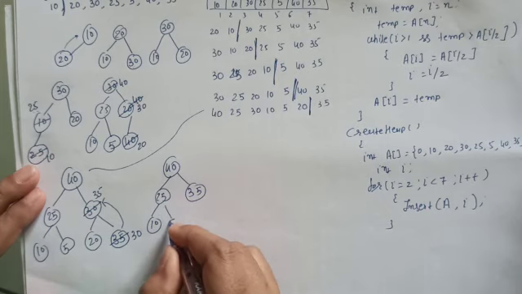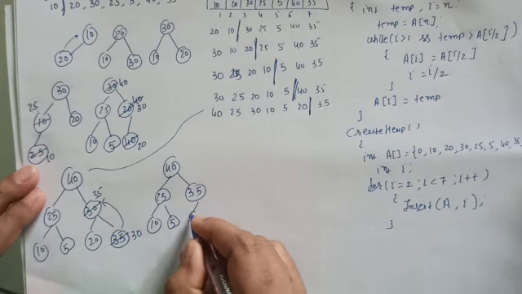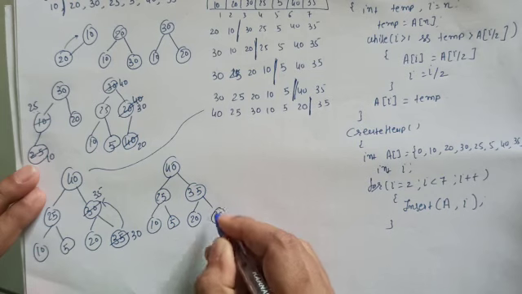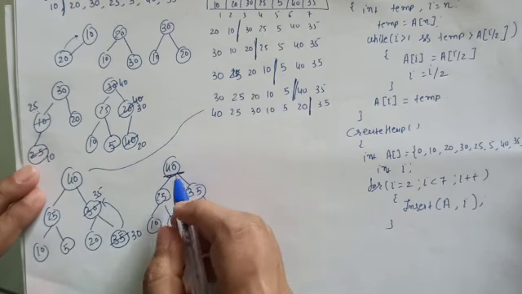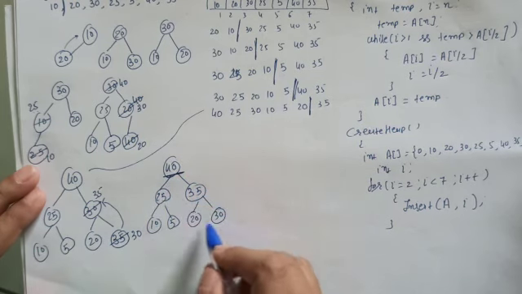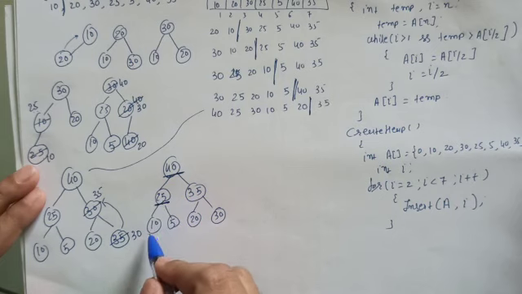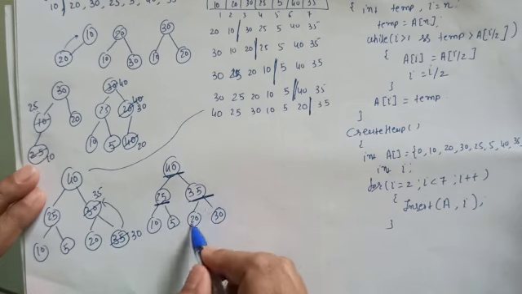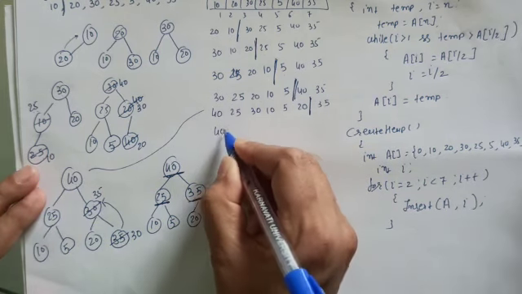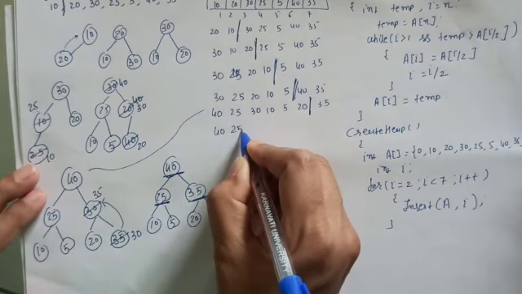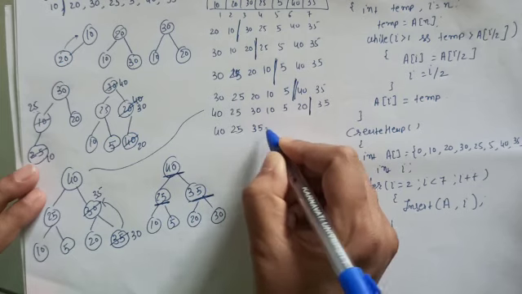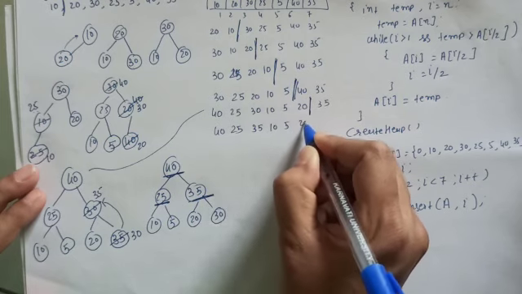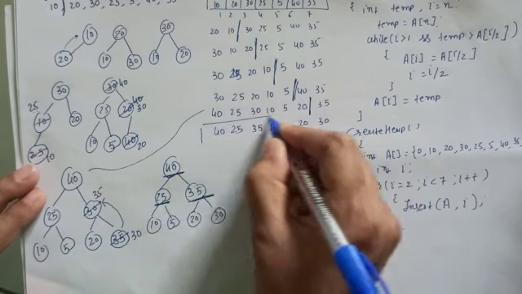And check the constraint of a heap tree: every node must have a greater value than all its children. Similarly, this is true for this node also, and this node also. And the corresponding array representation is 40, 25, 35, 10, 5, 20 and 30.